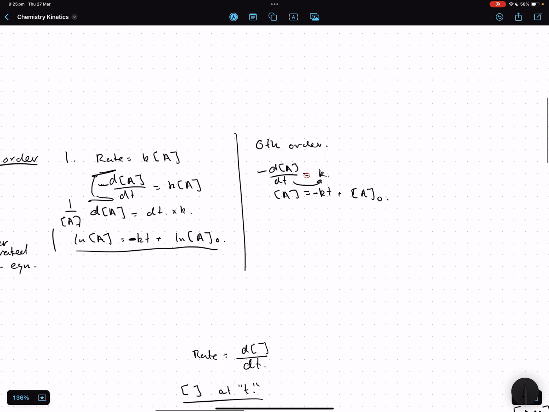So we should expect for zeroth order, if we plot concentration versus time, then we should get a line of concentration versus time.